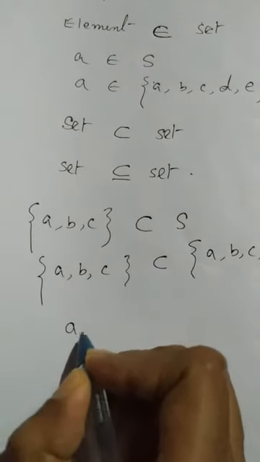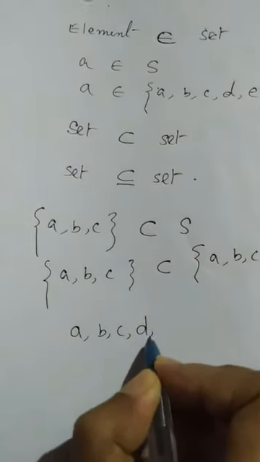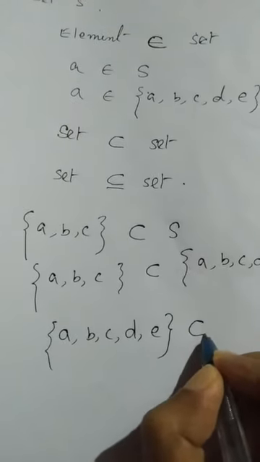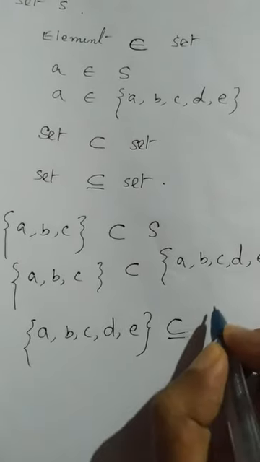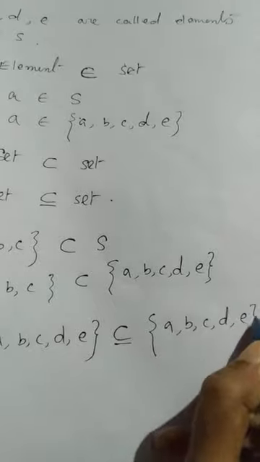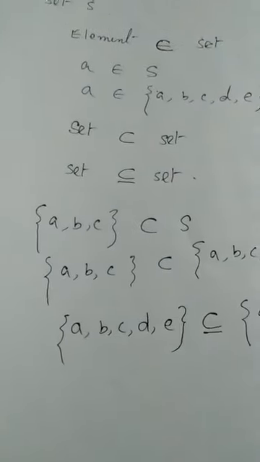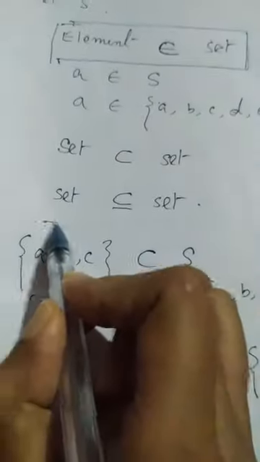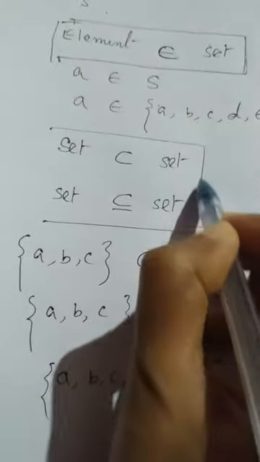Suppose A, B, C, D, E. This is a set, no doubt about it. So I will write this symbol. So you see, an element belongs to a set, and we will use this symbol, but if a set is there, then we will use this symbol.